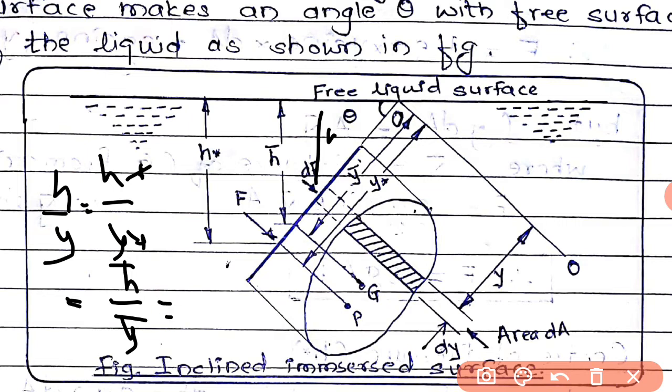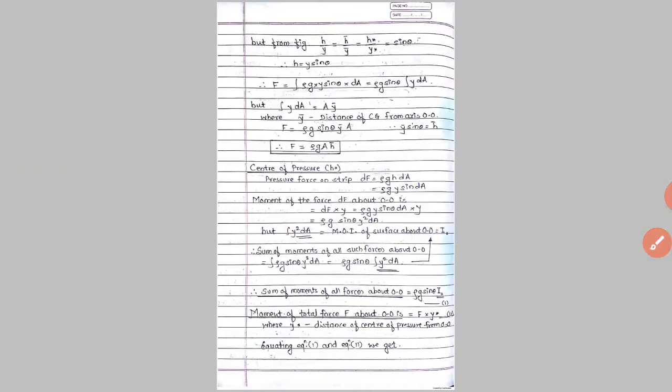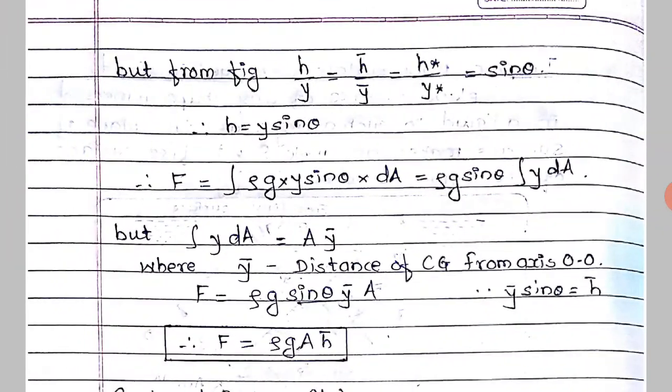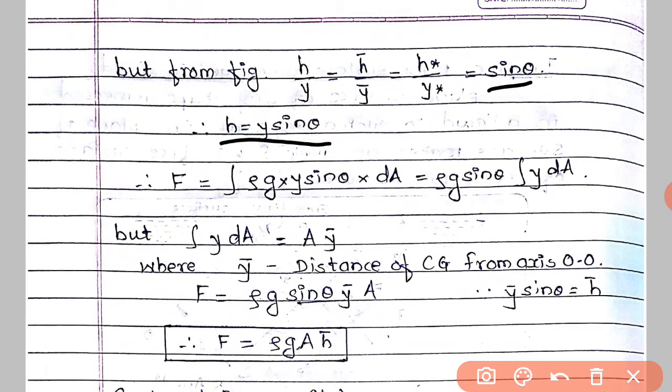This will be equal to sin theta. This is the value for sin theta from the geometry of this figure. Now h will be equal to y sin theta. See here, sin theta is equal to h upon y, H bar upon y bar, S star upon y star.